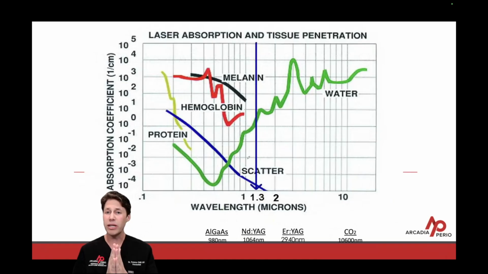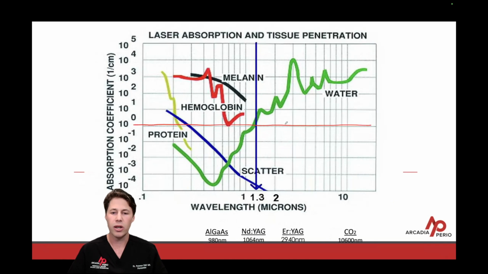So we just mentioned this. Let's take a look at this chart and let's draw on this chart so you can understand what we're talking about. Let's draw a line straight across at 10 to the 0. So we're talking about the x-axis here. Anything below here is not absorbed. Anything above is absorbed.